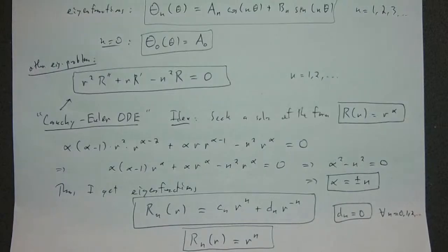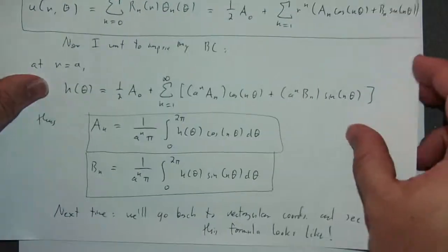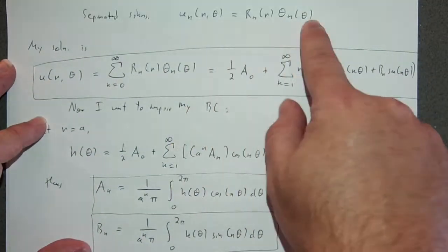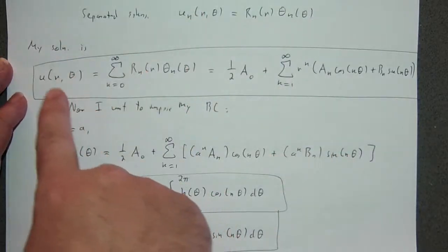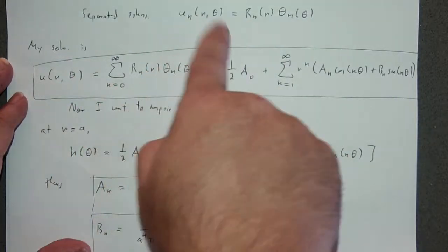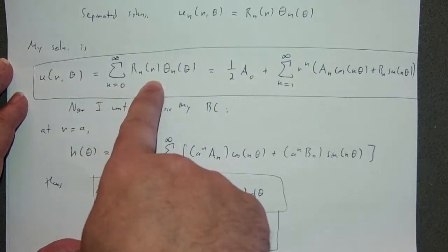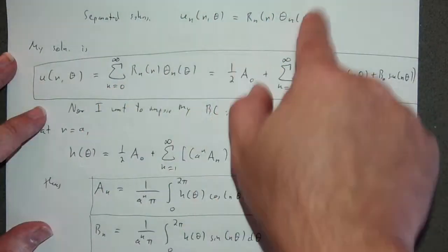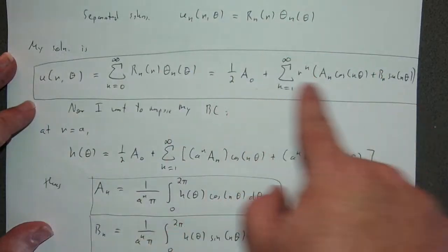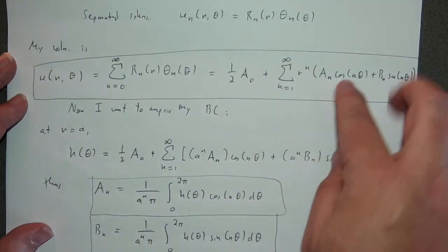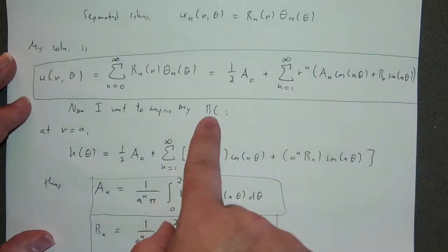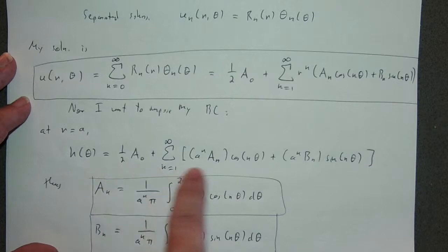Now, this means that my separated solutions are of this form, which means my completely generic solution consists of a linear combination of these separated products of eigensolutions. So it looks like this, where these coefficients result by imposing this boundary condition.